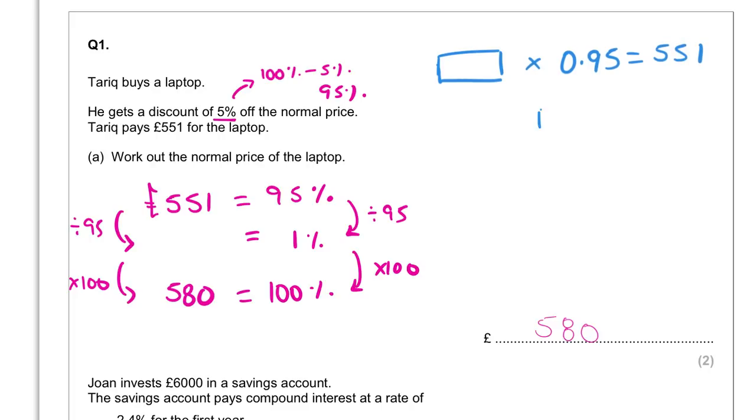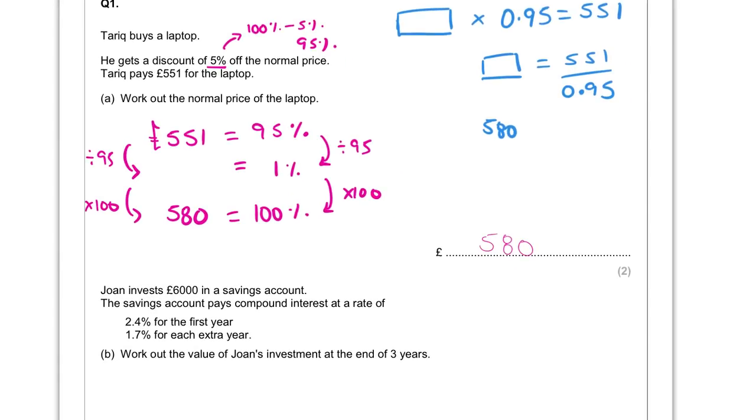I'm going to divide both sides by 0.95. So 551 divided by 0.95, and you'll see that's exactly the same as what we have done. It's going to give you 580. Again, two different ways, same principle. It just depends on what you find easier.